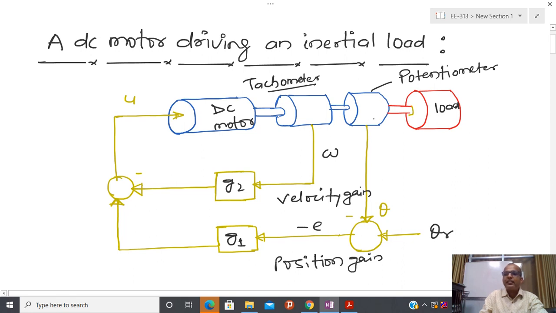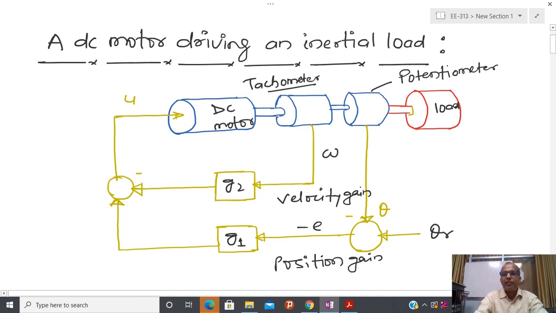After that, this DC motor is connected with the load. We are going to give feedback of this position as well as angular velocity to this DC motor. And what is our control problem?